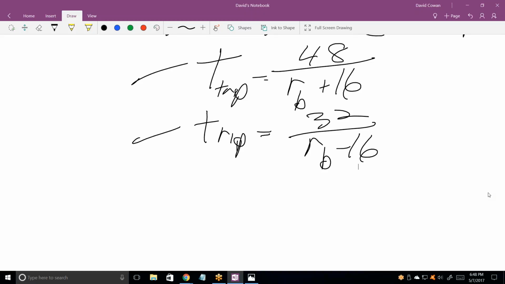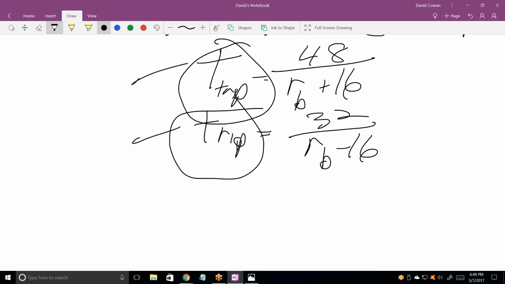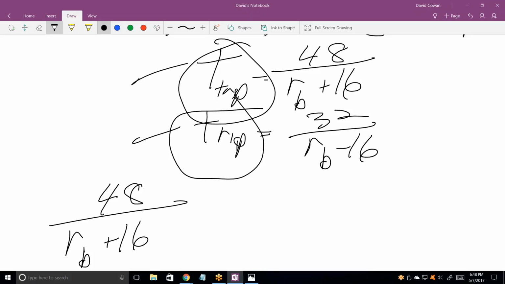Okay, now what we know is that the time of the trip going upstream is equal to the same time of the trip going downstream. So I can say 48 over the speed of the boat plus 16 equals 32 over R sub B minus 16.